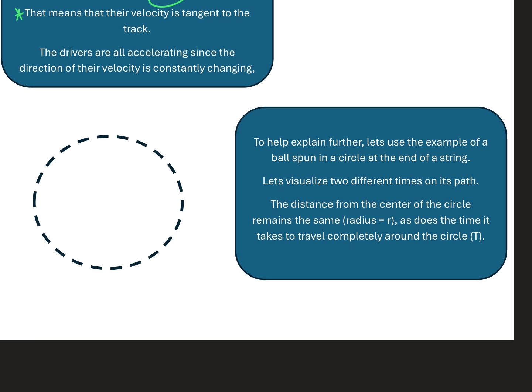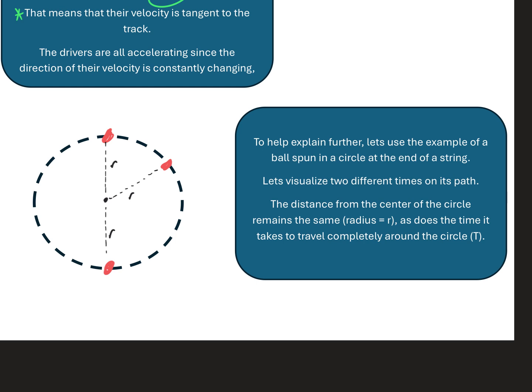So let's use a ball spinning around a string. We'll have the ball here at the top and then off at some angle here. And we know we have the center of the circle, and the ball spinning on the string will always be a set distance r from the center.